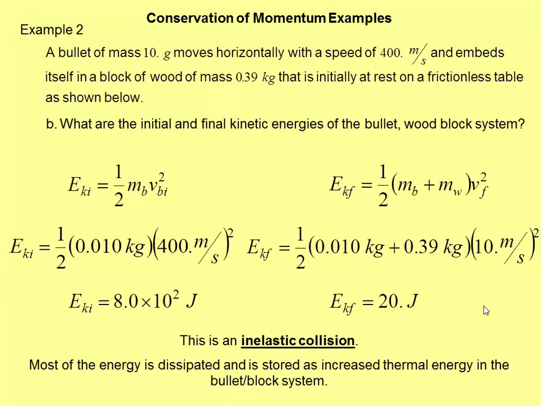Now, this energy is probably going to be about 98% of the total energy, dissipated as thermal and maybe some sound, right? And it deforms the block of wood, right? But mostly it's going to heat things up, right, and deform the block of wood and the bullet. So here's a little proof that this is not an elastic collision, even though momentum is conserved.